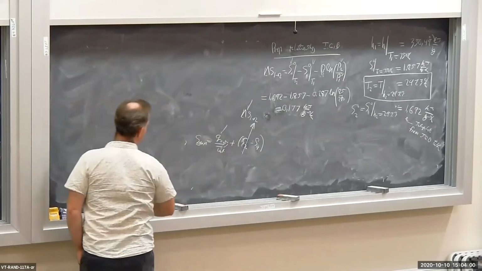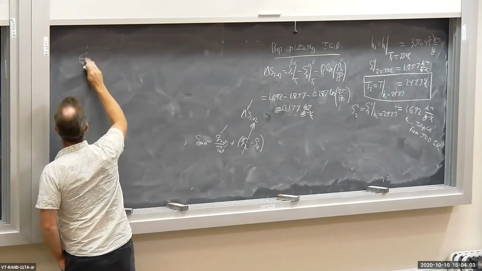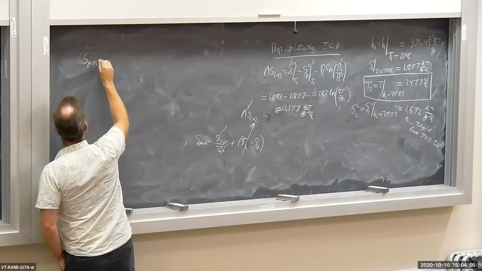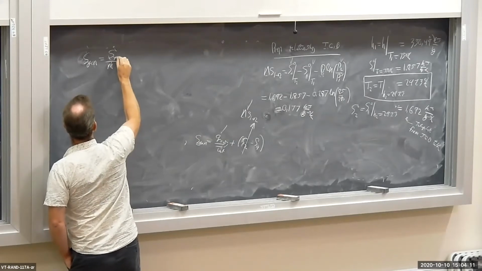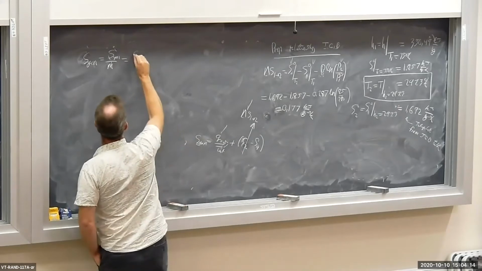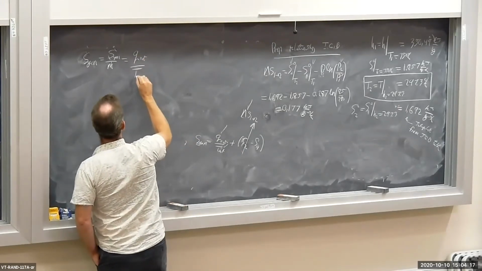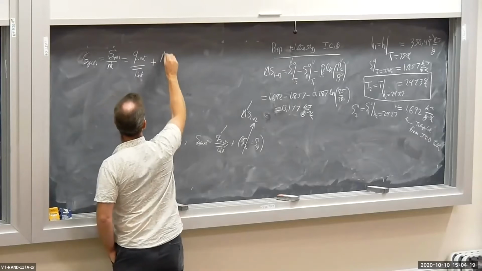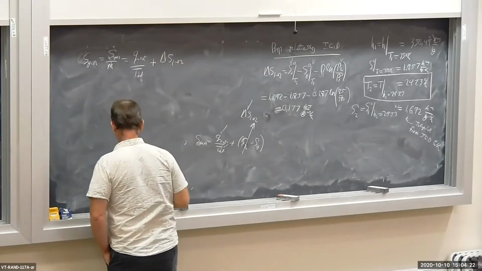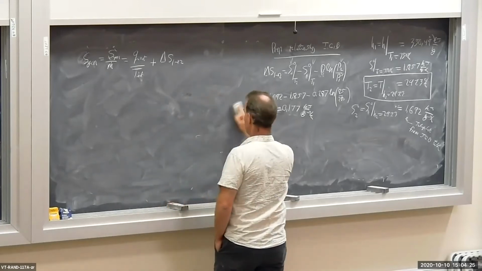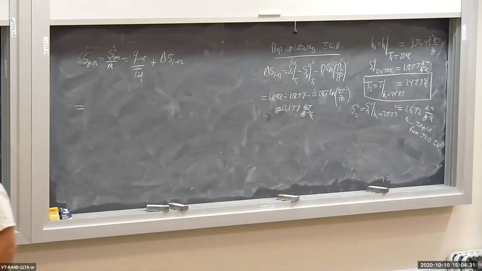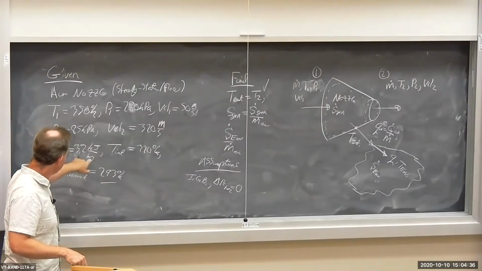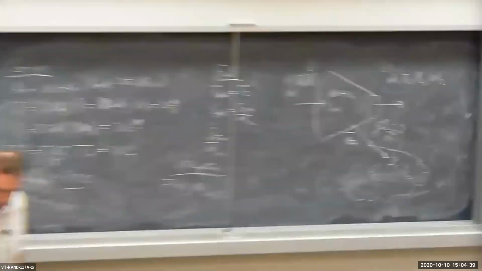So s gen, which is s dot generated per unit mass flow, is Q out over the interaction temperature plus delta s from 1 to 2. We have everything now. Q out is 3.2 kilojoules per kilogram, and the interaction temperature is 320 Kelvin.